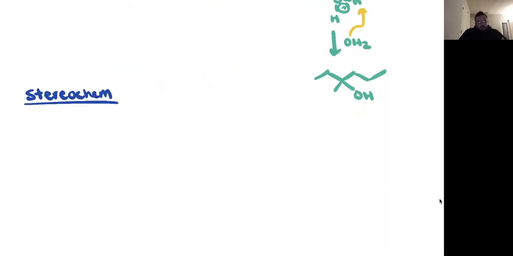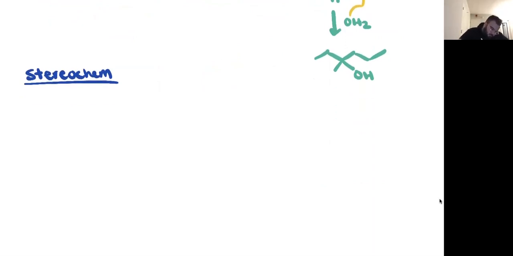Cool. So I showed you guys a bit of a more simple example, but now let's go and take a look at a more complex example that you might see on an exam.